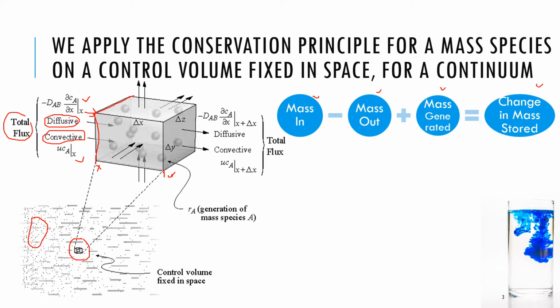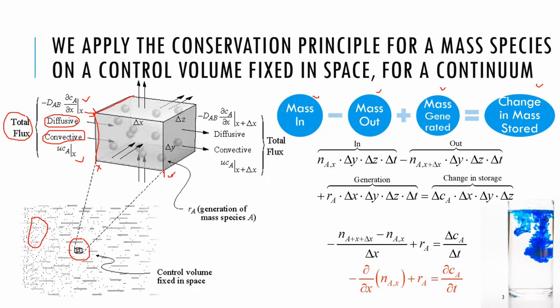Remember, we had talked about total flux, diffusive plus convective, but for now we're going to just leave them as a symbol for total flux, which is NAX. A is the species, X is the direction, so NAX is the total flux, in kilograms per meter square per second. I want to do a balance over some time delta t.